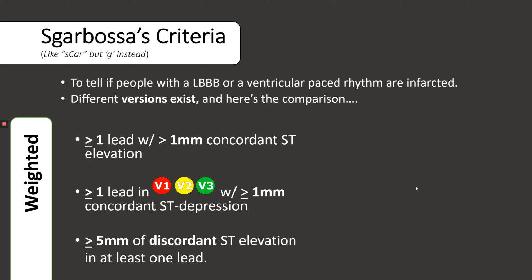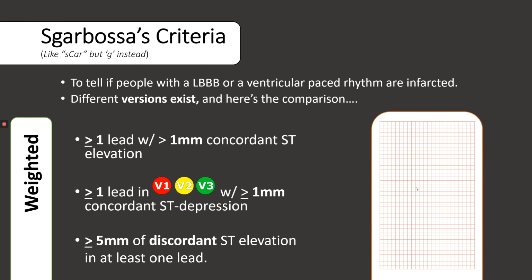So the first one being, greater than or equal to one lead with greater than 1 millimeter of concordant ST elevation. Concordant ST elevation. So let's take a look. Here's your QRS, T wave right here. We want to look at first concordance, right?